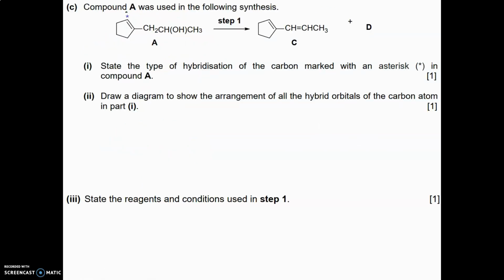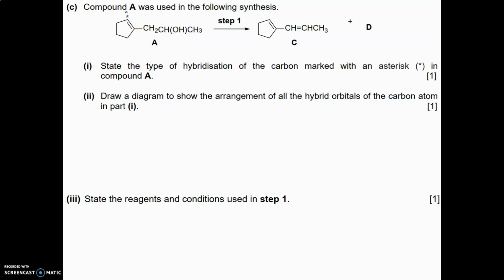Next, finally, we have compound A with the following synthesis. So we are asked to state the type of hybridization of the carbon marked with an asterisk, and to show the arrangement of the hybrid orbitals of the carbon. So this is an alkene, right? Which means that with respect to this carbon, the shape is trigonal planar, 120 degrees.